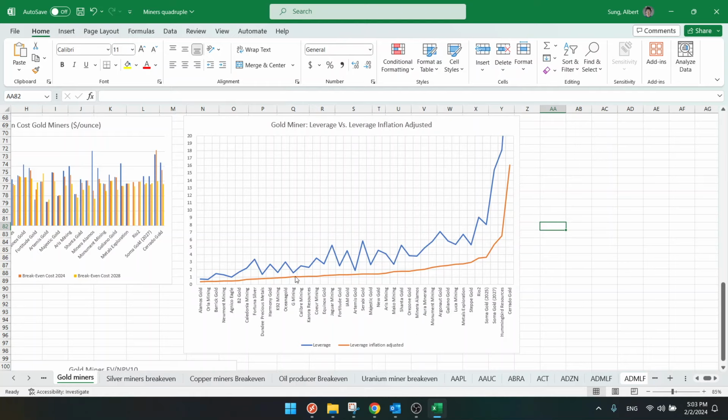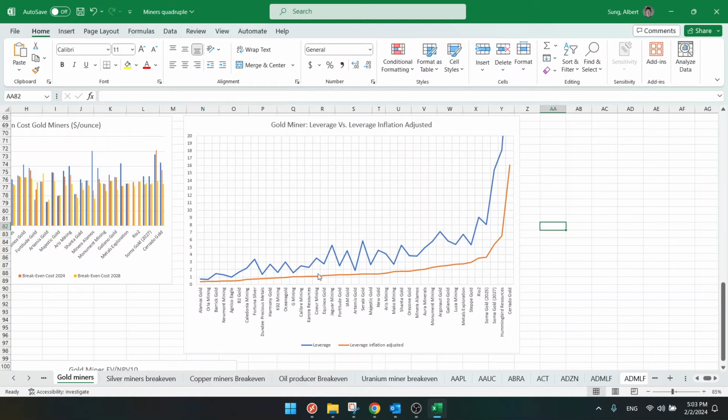So for example, there's a low cost mine. I think the lowest cost mine should be Artemis Gold. And you can see here that there's not a lot of difference between the inflation adjusted leverage and the normal leverage, because this is a low cost mine.